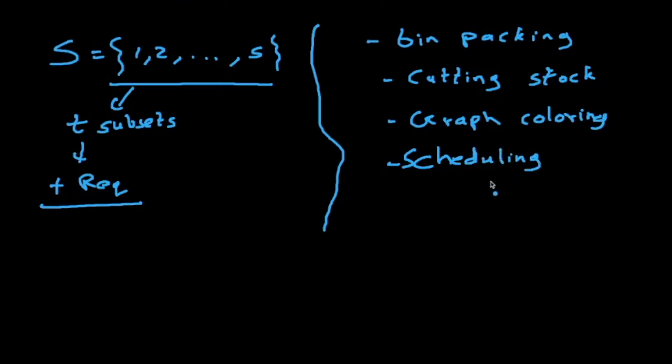Okay, so we are trying to schedule some tasks on a bunch of identical machines, and this problem also looks very similar to this kind of partitioning problem. Of course, for bin packing, cutting stock, and graph coloring, I'll just describe the formulation of the partitioning problem, and it will become clear why these problems have a similar structure to this one.